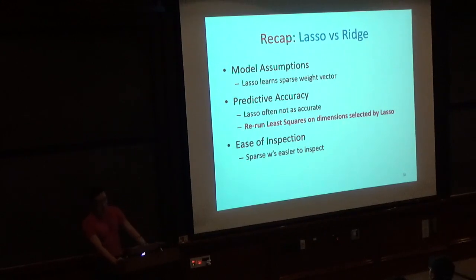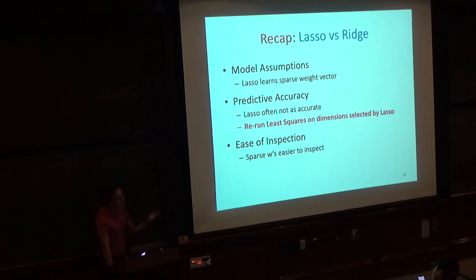Ease of inspection. Imagine that you want to actually figure out what your model is doing. You want to explain to your boss, I learned this model, I think it's a reasonable model, it's not doing something crazy because I can actually tell you what it's doing. Well, you could make the argument that sparse W's are easier to inspect. If there are 1 million dimensions and only 15 non-zero entries, that's a lot easier to reason about than if all 1 million were non-zero.